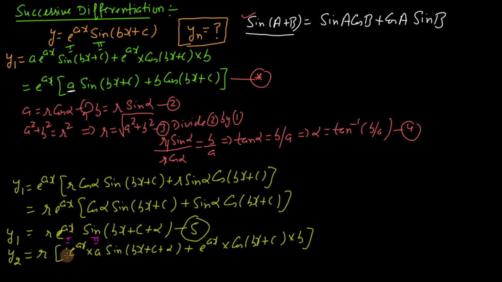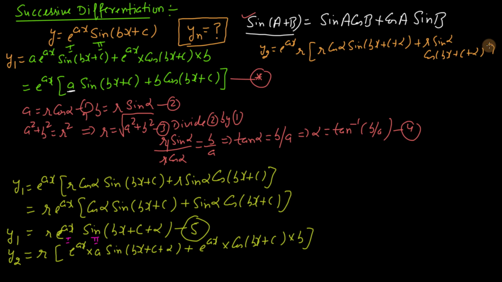So I am going to take e raised to the power ax common. So what will you get? You will get y2 is equal to e raised to the power ax common. Fine. R is there, and here I am going to put r cos alpha sine bx plus c plus alpha, plus r sine alpha cos bx plus c plus alpha, and close the parenthesis.